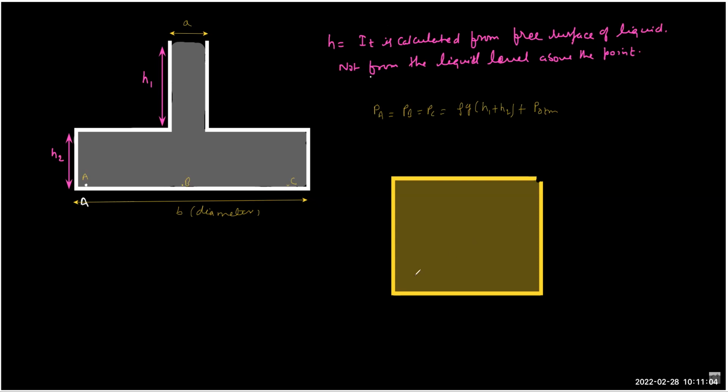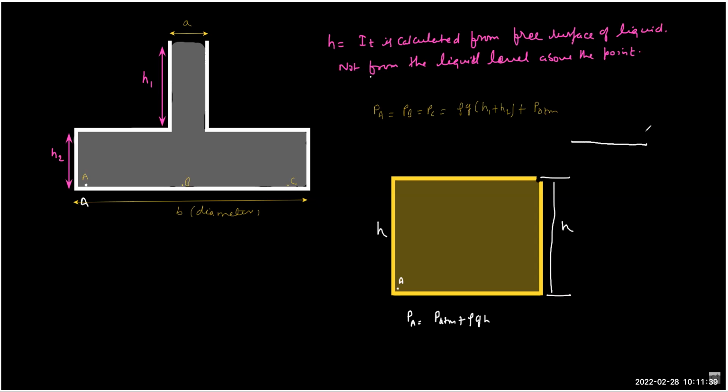Once you open this part, and if I choose a point here, then the pressure at A will be exactly the same. If I say this is H, then this will be P atm plus rho gH, because the vertical separation between the free surface and the point A is H. So what matters is the vertical separation between the free surface and the point taken, and it has nothing to do with the location, just the vertical separation.